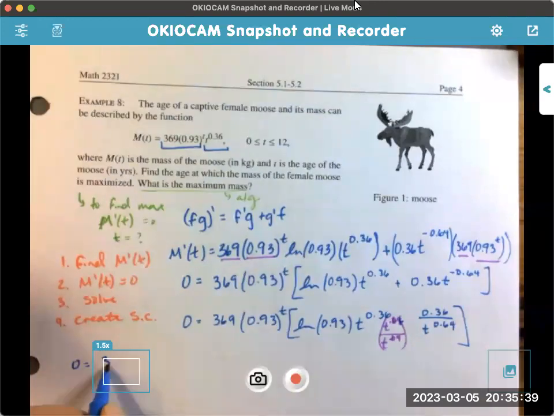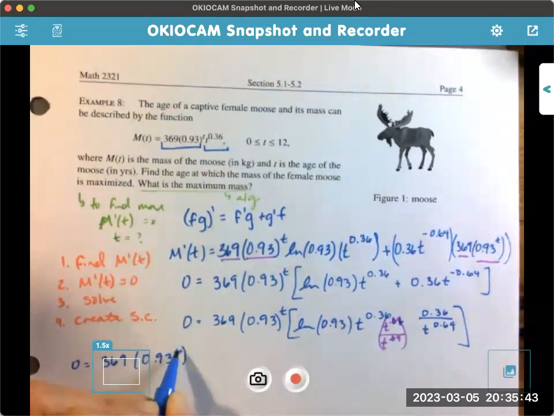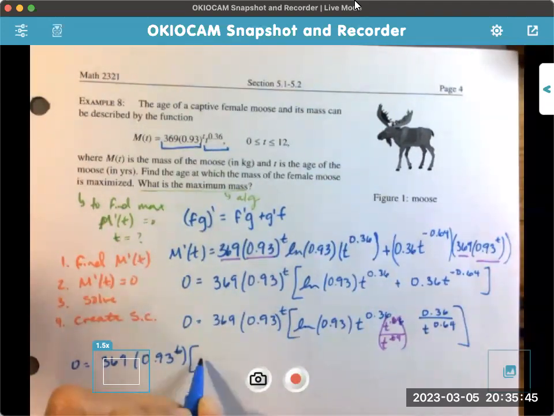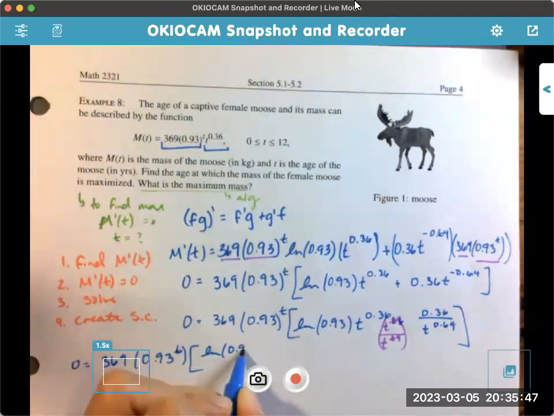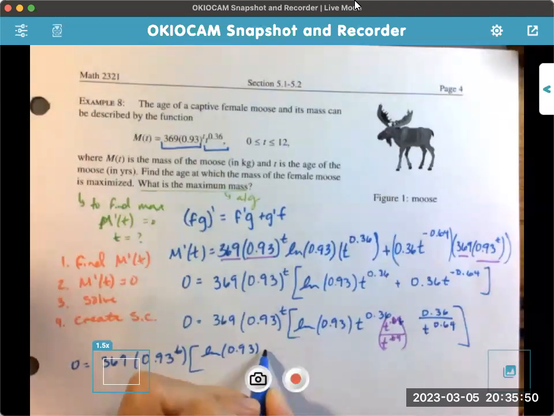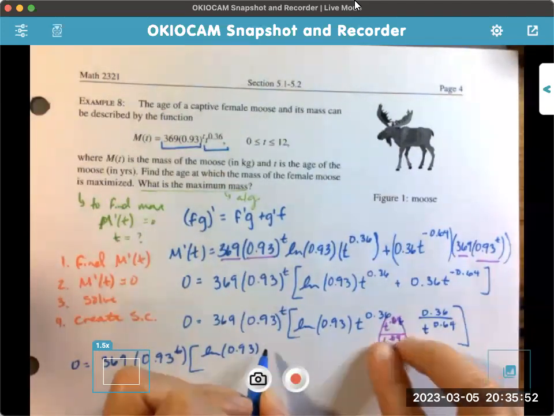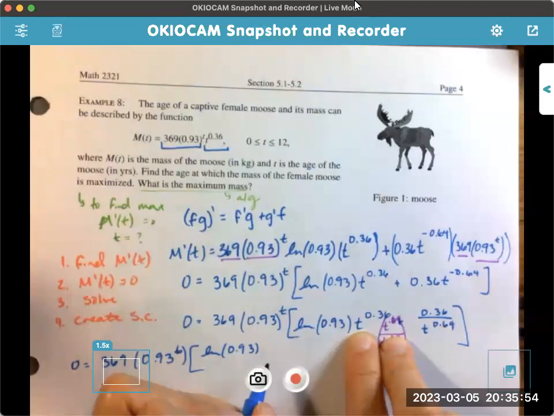So 0 equals 369 times 0.93 to the t times the natural log of 0.93 times, now bear with me, t to the 0.36 times t to the 0.64.